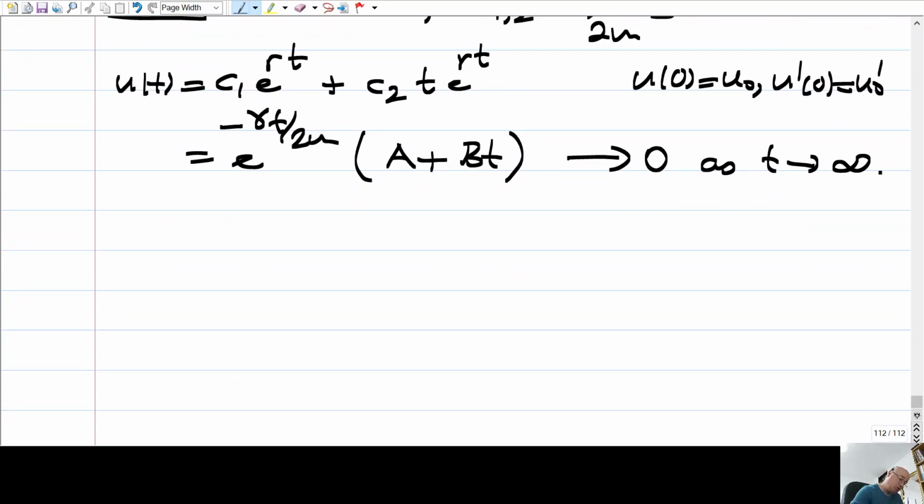And how does the solution look? Well, it is actually similar to the above one. Although we have this t term here, it won't cause much difference in the shape. So again, it will be something like this.